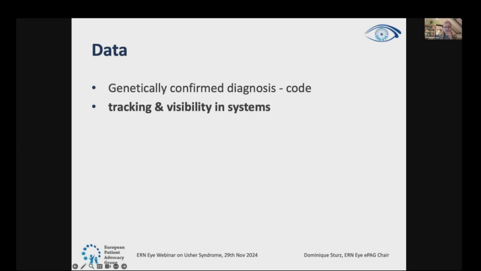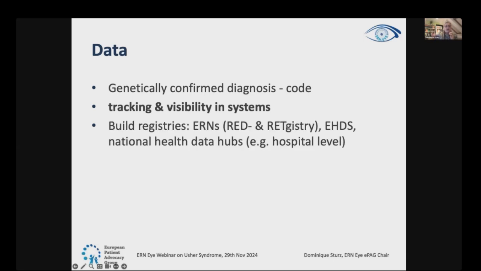But this is of high relevance also for the patients, not only from the scientific perspective or from the perspective of healthcare systems, but it's also very relevant for the patient, that we can use those data to build registries, as we are building them at the ERN-EYE level, the rare eye disease registry and the retina registry.